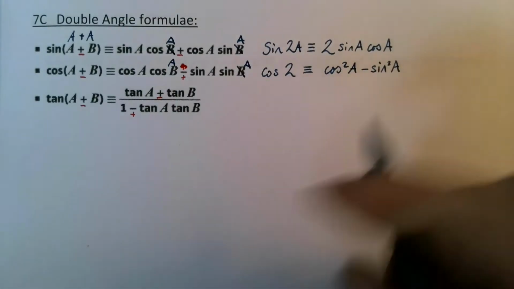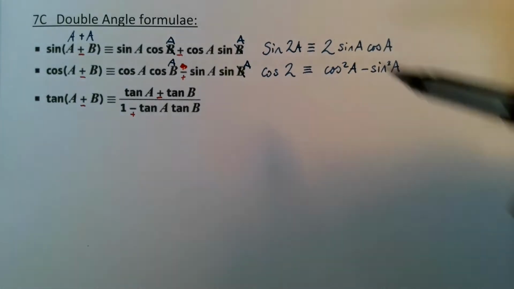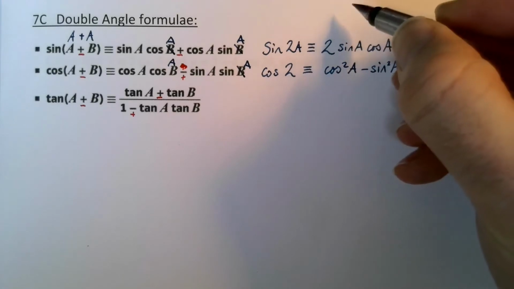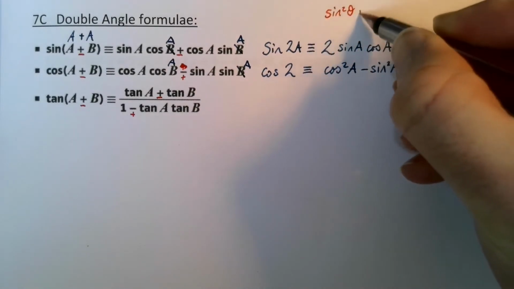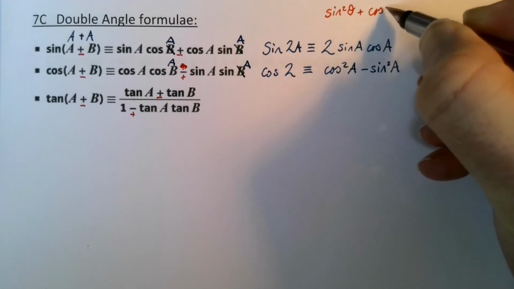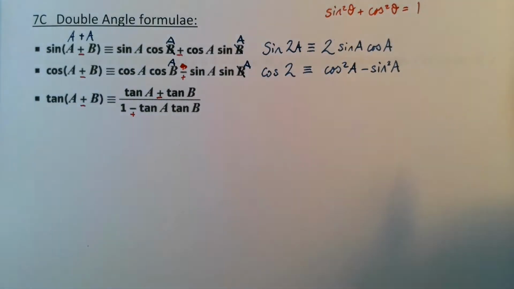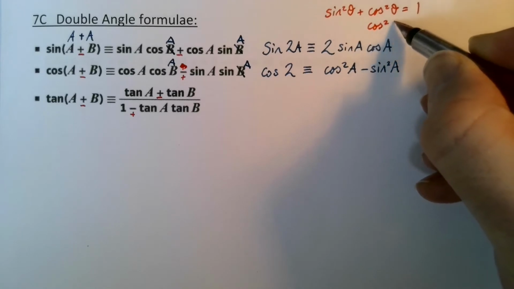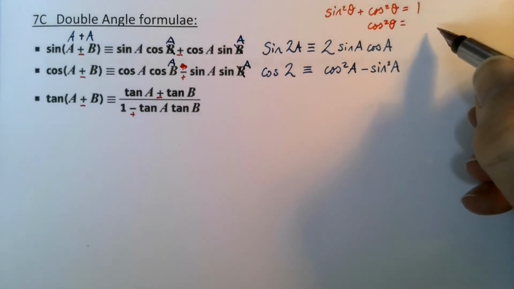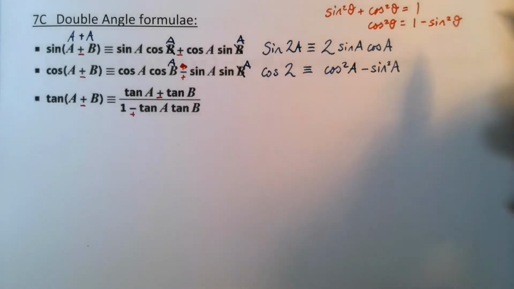But you may notice that this looks rather like one of the very first identities you learned, and one that comes up again and again and again, that lots of them sort of all come from, and that is this fact that if you've got sine squared theta plus cos squared theta, that equals 1. And you can rearrange that so that you can say that cos squared theta equals 1 take sine squared theta.